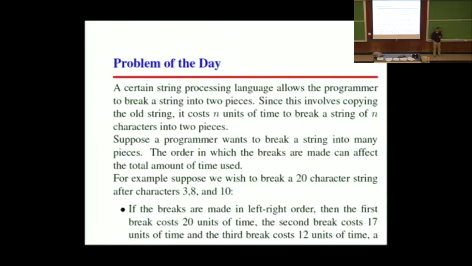Yes? Why is S of 0, 4 equal to 38? Well, we decided that 38 was the cheapest possible way to do this, right? When I went through all three possibilities for this example, did we agree that 38 was the cheapest?